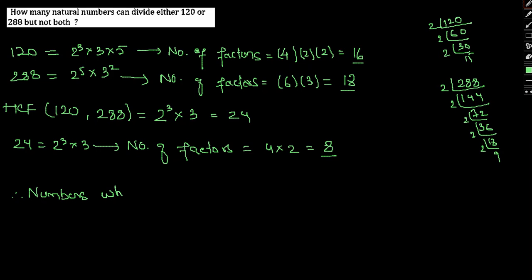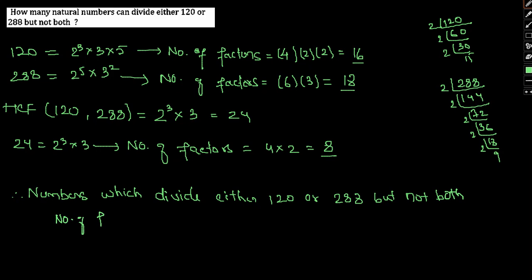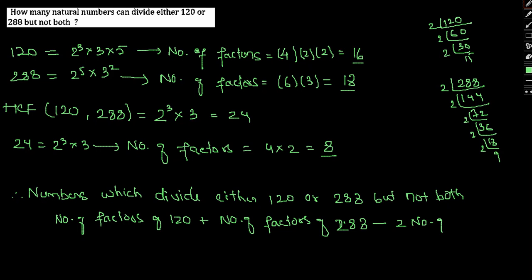Now our required numbers, so therefore numbers which divide either 120 or 288 but not both will be, so number of factors of 120 plus number of factors of 288, okay, so this is the total number of divisors which divide 120 and 288, minus 2 into number of factors of HCF.